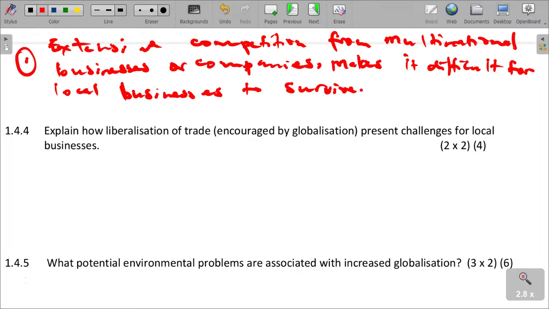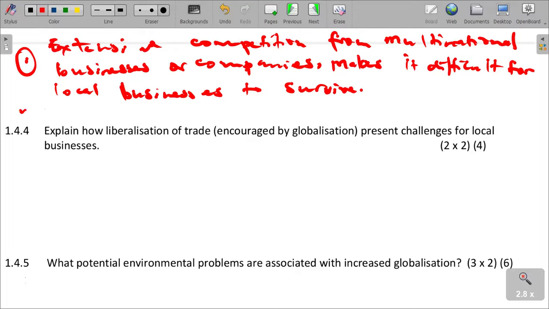We also have problems to do with significant cost of compliance.